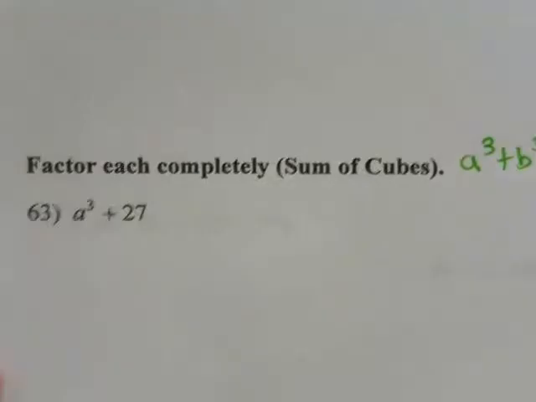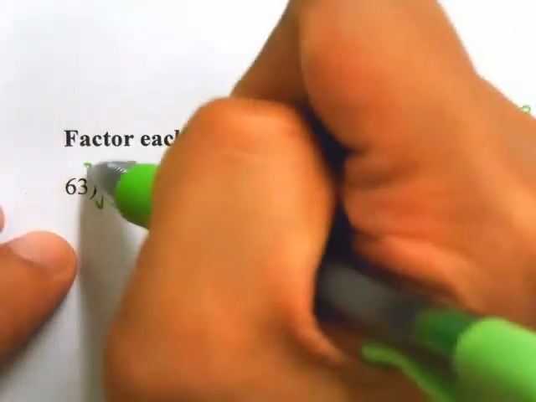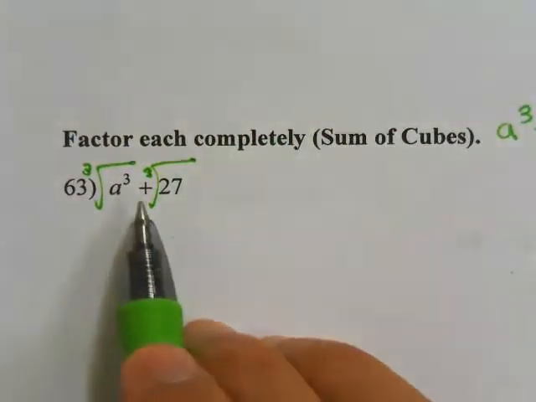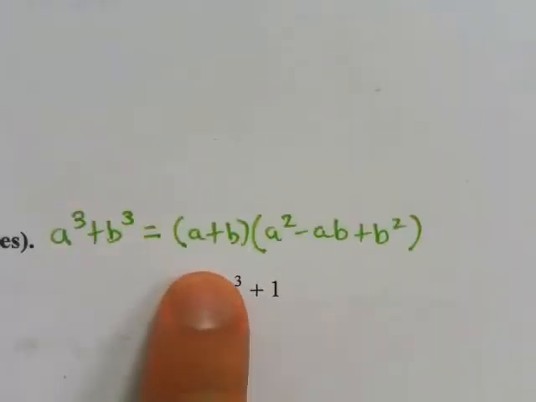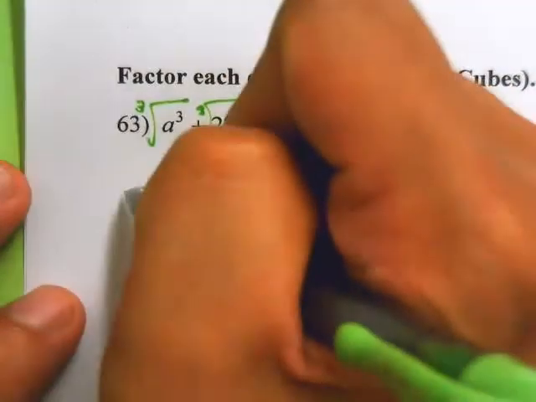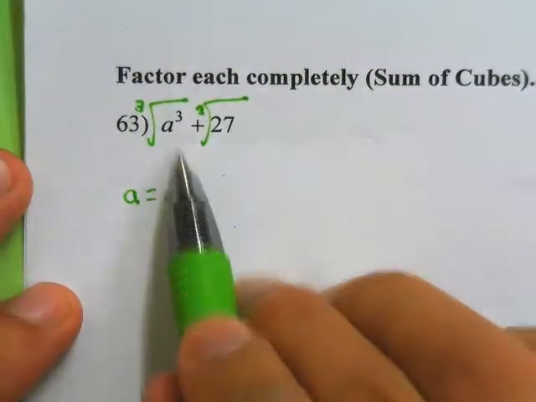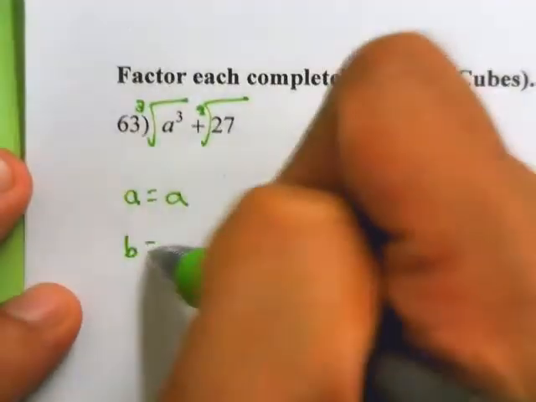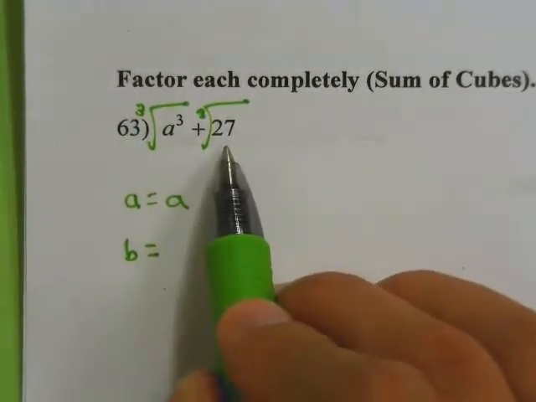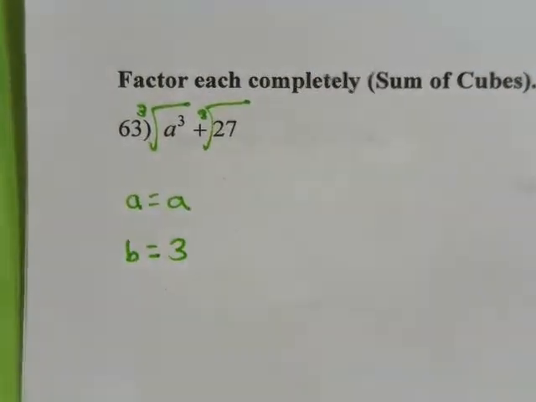Okay, so on 63, what you want to do is see if they are cube rootable, and they are, so we can get our a and b values. So if we cube root an a cubed, your a value is going to be a. Okay. If you cube root 27, what times what times what is 27? Hopefully it's a 3.